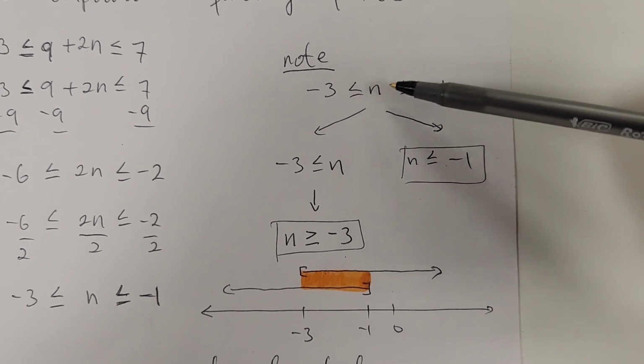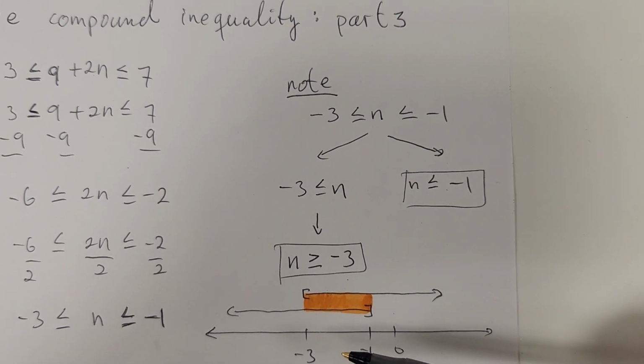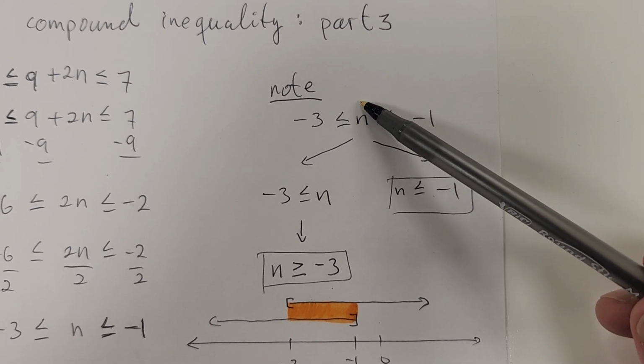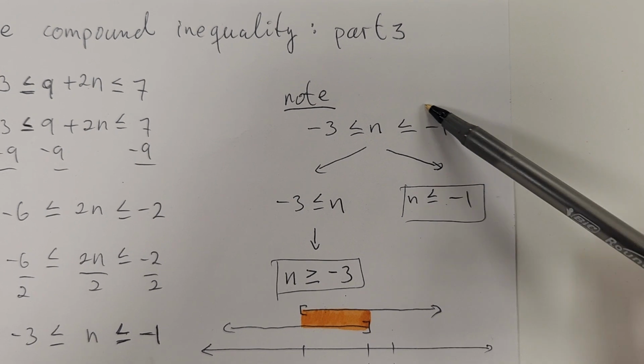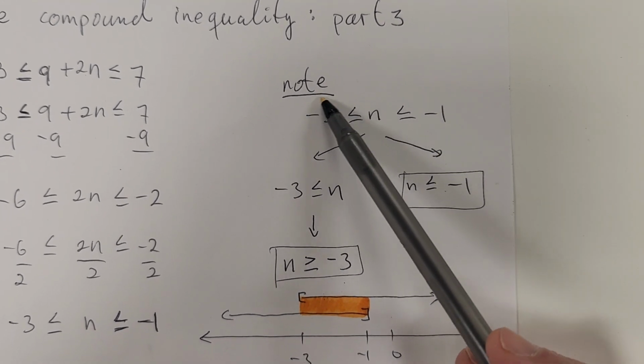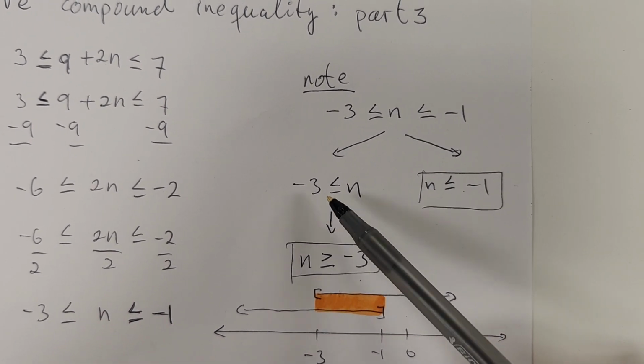Okay, now I need to separate the right side and the left side. To separate the right side, all you need to do is just take this part right here, and that becomes the right side. And right here on the left, this is my left, will be on this side.